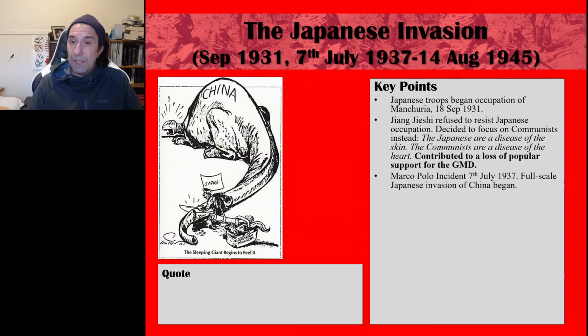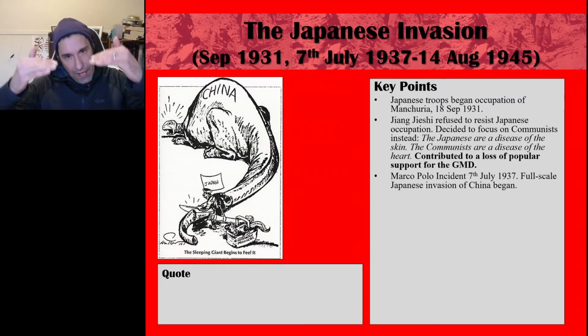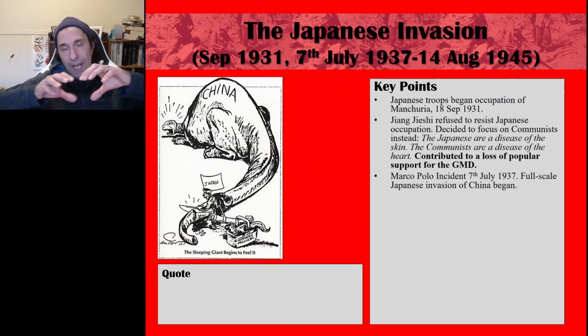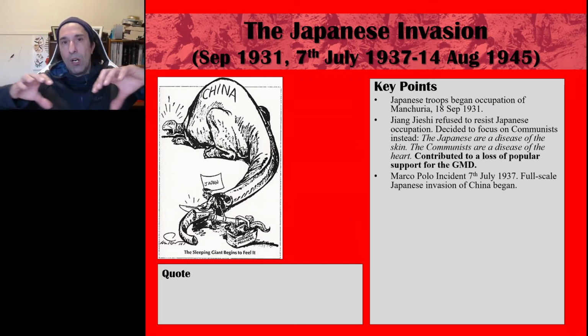The next key point we get into, if we go back, so from September 1931 onwards, the Japanese occupied Manchuria, and then they slowly, in between the full-blown invasion we can see in 1937 and the occupation of Manchuria in 1931, the Japanese actually extended their control south from Manchuria into the provinces bordering on Manchuria.